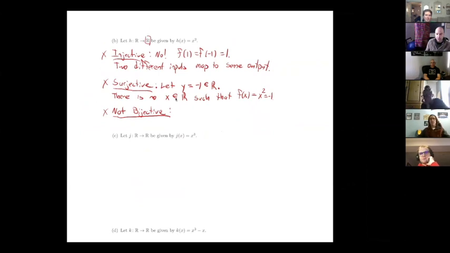Yes, there is some relation between how many elements you have in the domain and the codomain in order for it to be bijective. They need to have the same number of elements for bijective, but that's not necessarily the case for those other two properties. So you can be injective and have different size sets, and you can be surjective and have different size sets. But if you're both injective and surjective, then you should have the same number of elements.